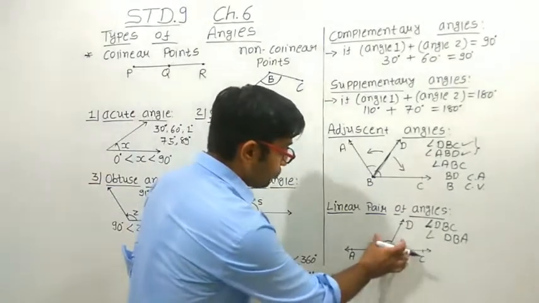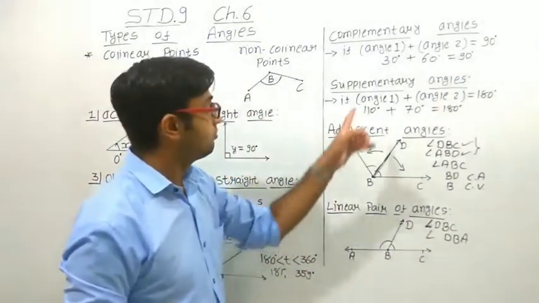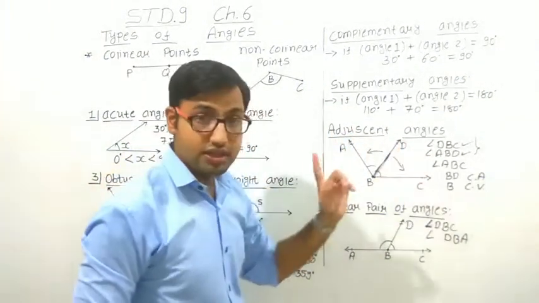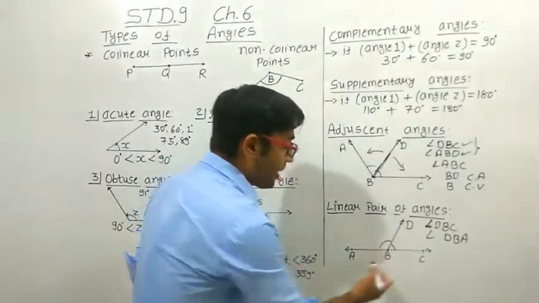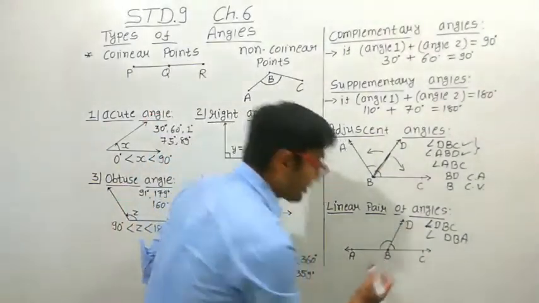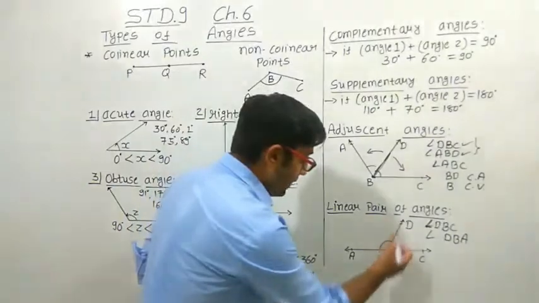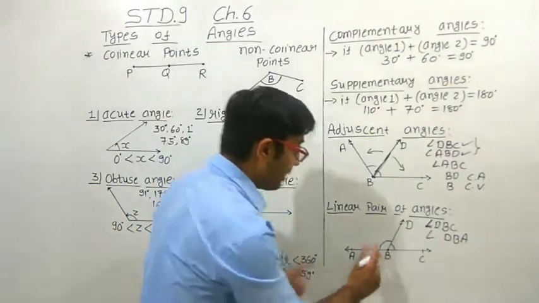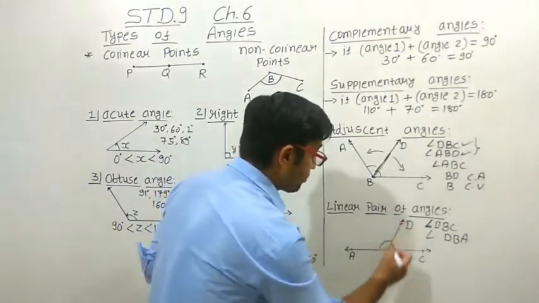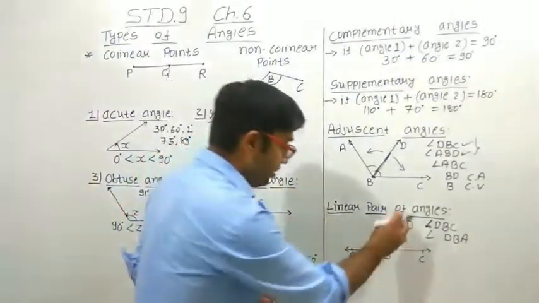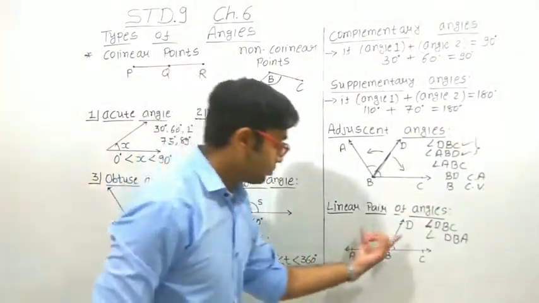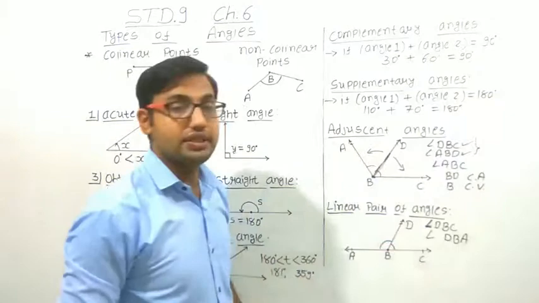These two angles are also adjacent angles, yes, because there is the common arm BD, common vertex B, and the remaining arms BC and BA are in the opposite direction to this common arm. So these two angles are also called adjacent angles.